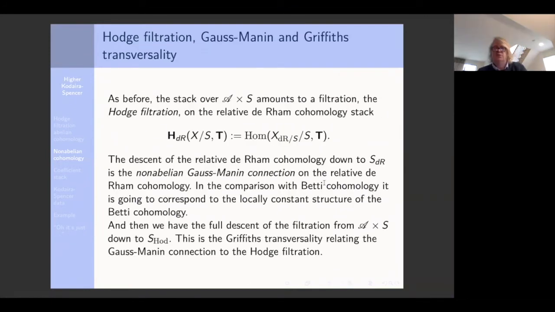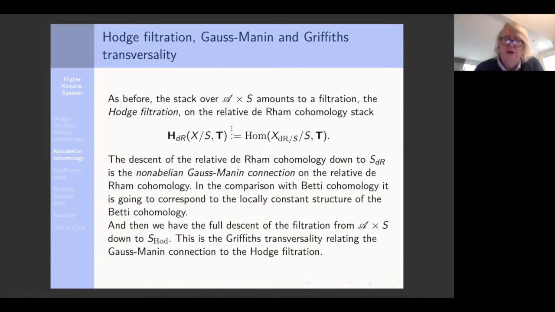And now as before, a stack over A cross S amounts to a filtration, but where here the definition of filtration is being a stack over A, right? So we can just define filtration of a non-abelian stack to be something over this A. Okay. So this is just terminology, shall we say? But that's what we'll call the Hodge filtration on the relative de Rham cohomology stack.